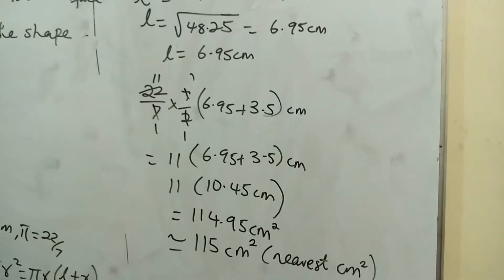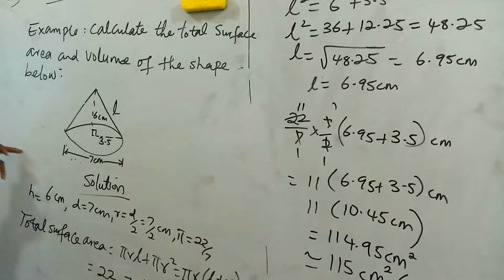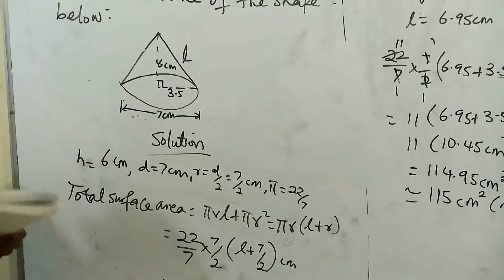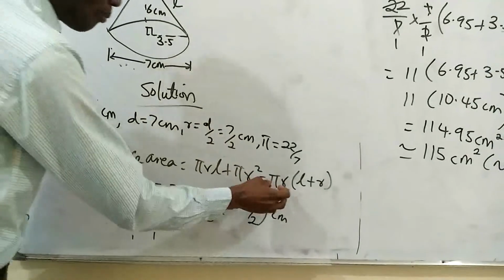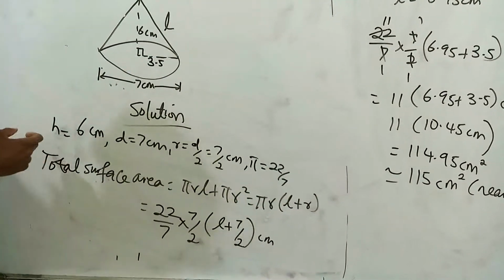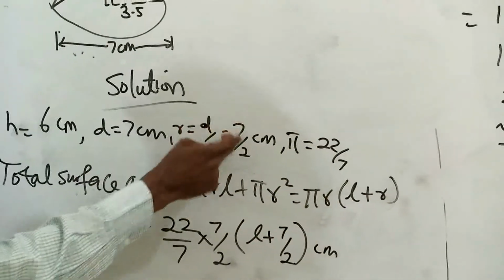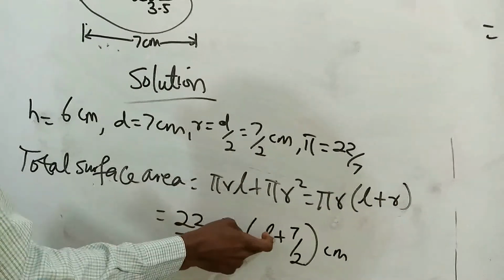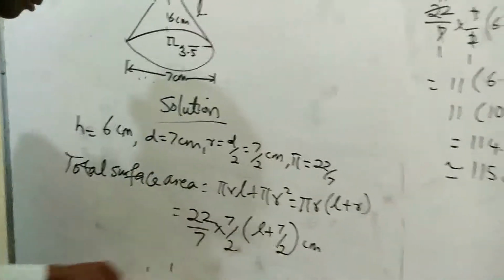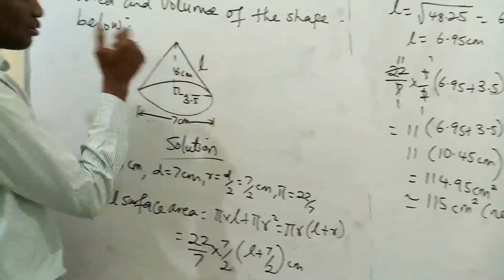We are left with the volume of the cone. But let's run through the total surface area again. We have our cone and we are finding the total surface area. We have the formula pi r into bracket length plus r. From our question, pi is 22/7 and the radius is 7/2, into bracket our length, which is not given, plus our r of 7/2. So we make this a right angle triangle so that we can find our hypotenuse.